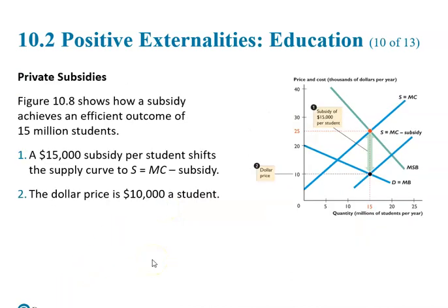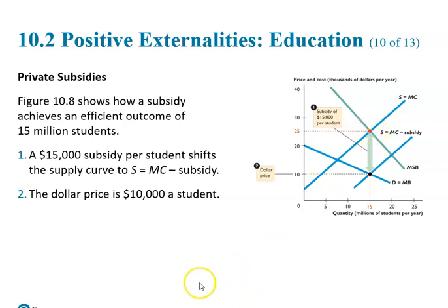So a similar kind of outcome, the efficient outcome, can be achieved through private subsidies. In this example, a subsidy achieves an efficient outcome of 15 million students that we want to be at, because at this point the marginal cost equals the marginal social benefit.